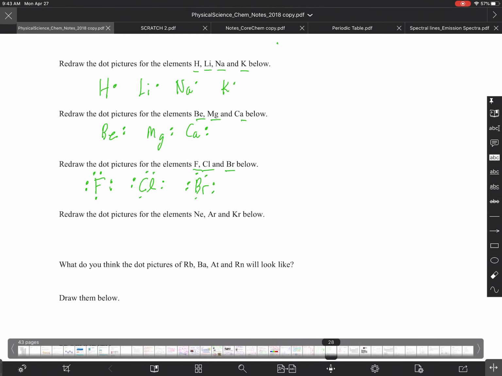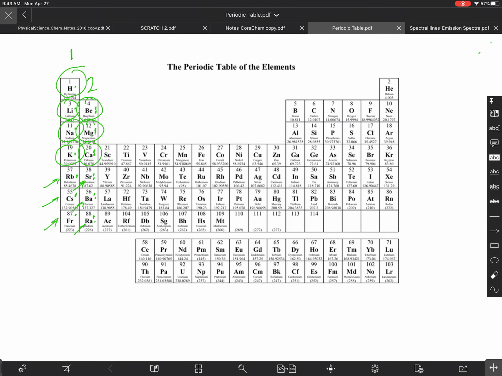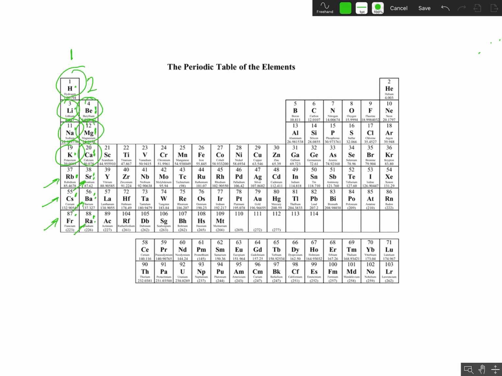You'll see that they're located here. They all have 7 dots. What if I asked you about iodine and astatine? They're in group 17, so they all have 7 valence electrons, and we'd expect iodine and astatine also to have 7 dots in their dot picture. That's pretty easy, isn't it?